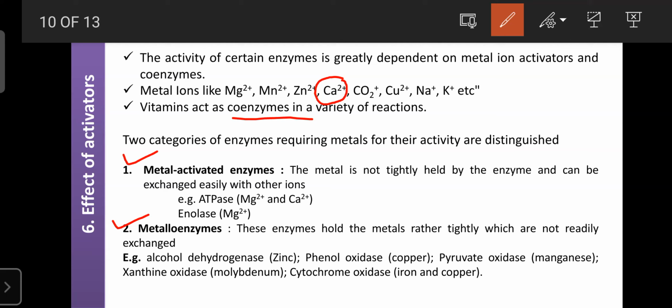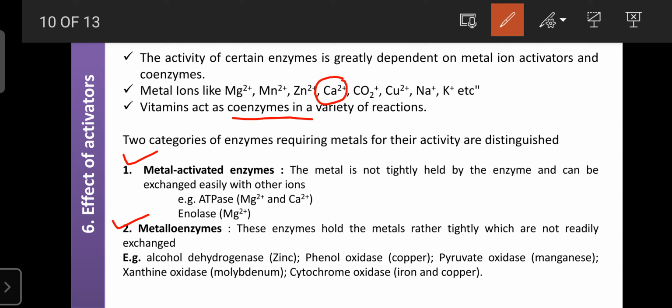Examples for metal activated enzymes are ATPase and enolase. ATPase requires metals like magnesium and calcium as cofactors, and enolase requires magnesium as a cofactor. Examples for metalloenzymes are alcohol dehydrogenase, which requires zinc, phenol oxidase, which requires copper, pyruvate oxidase, which requires manganese, xanthine oxidase, which requires molybdenum, and cytochrome oxidase, which requires iron and copper as cofactors.